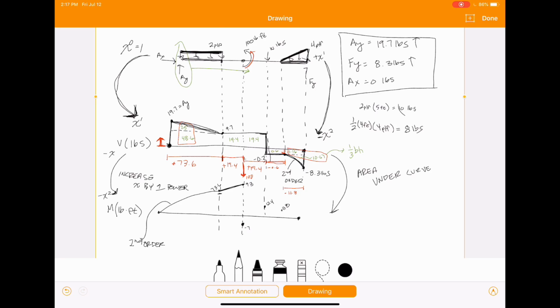Again, don't forget we got bumped down by our concentrated moment all the way down to -7. So that's just a vertical line. And then to get from -7 to our 12.4, again, we just have that positive linear line. If I would have drawn this to scale, these here should be parallel.